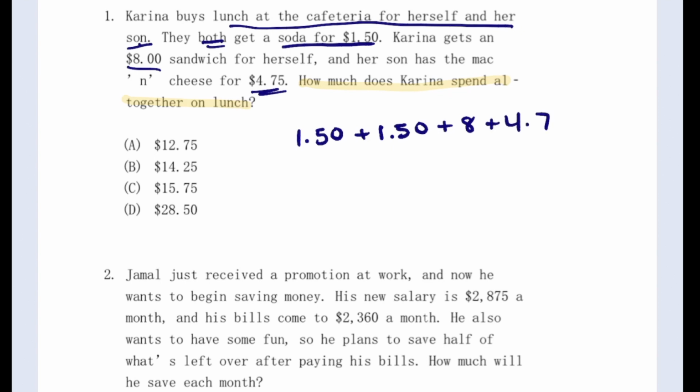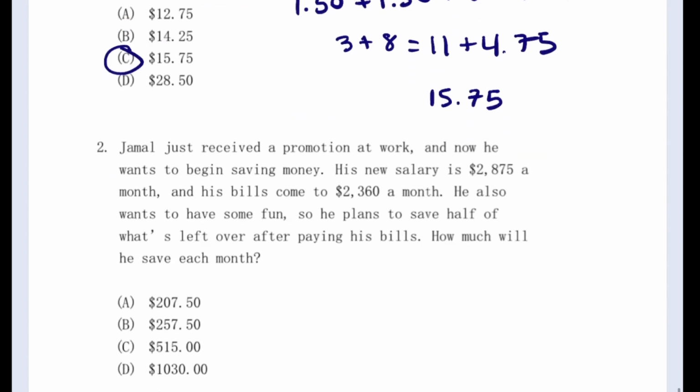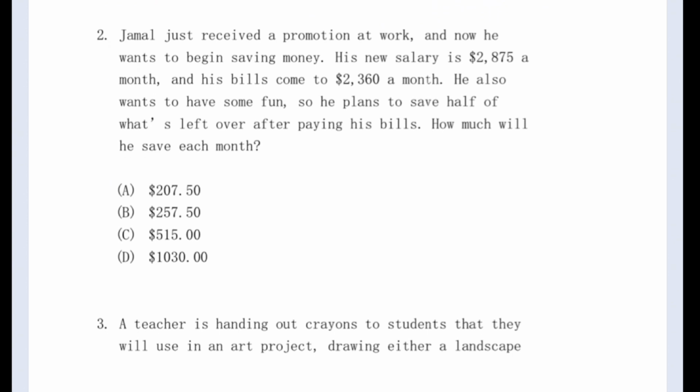The trick of this question is that they both get a soda for $1.50. So they're really trying to make sure that you add both of those $1.50s. So we're going to add all these up, and you'll have a calculator on the ATI TEAS exam, and you will get 15.75. So the answer is C.